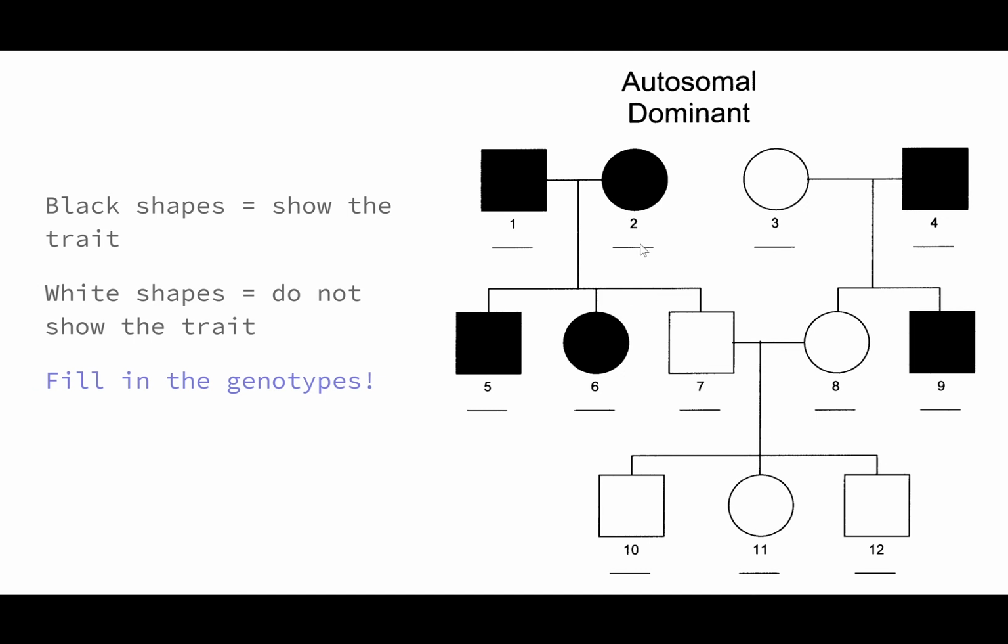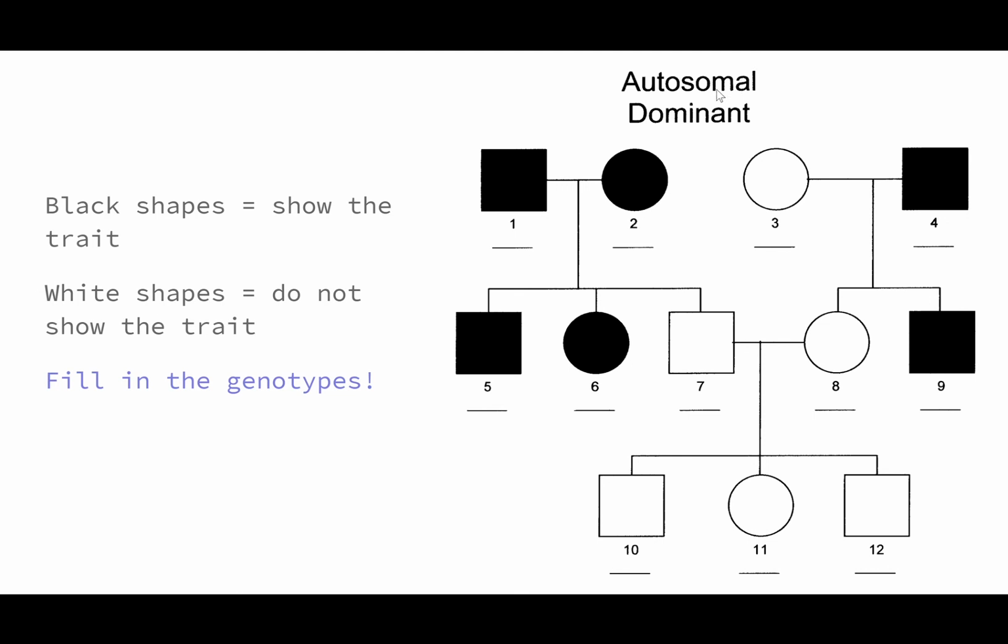We'll start with one that is hopefully a little simpler. It's going to be a trait that is autosomal dominant. If you recall, autosomal refers to a trait that is on the first 22 pairs of chromosomes, so all the non-sex chromosomes.